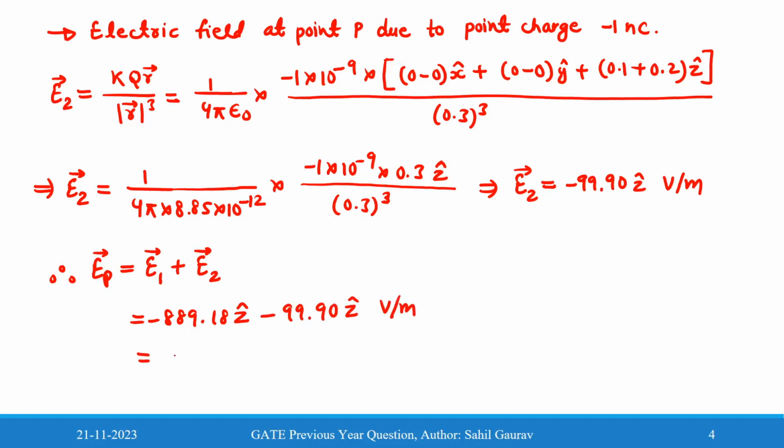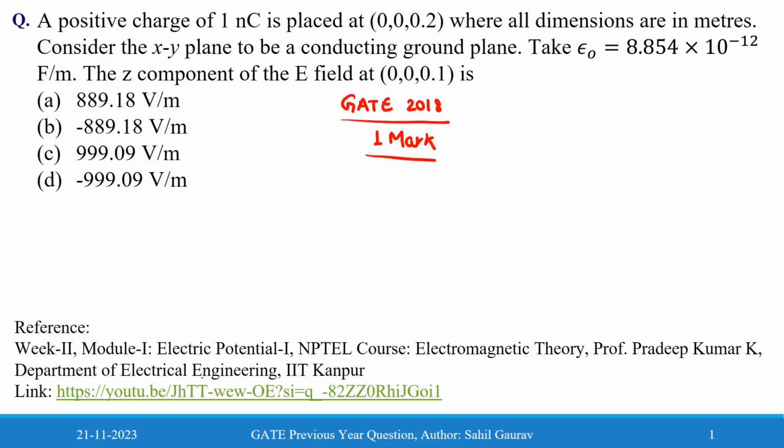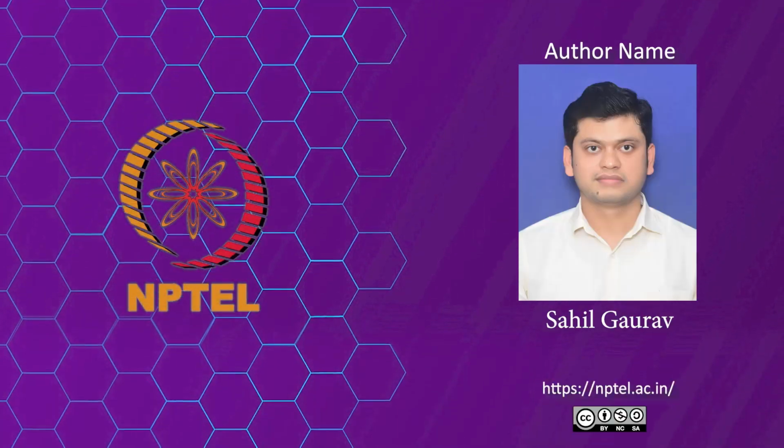So summation of this will give us minus 989.08 z cap volt per meter. So this direction is in the downward direction, so that is Z component. In this problem, it is asked about the Z component of the electric field at the point 0.1. So correct answer will be D, minus 989.08 volt per meter. That's all. Thank you.